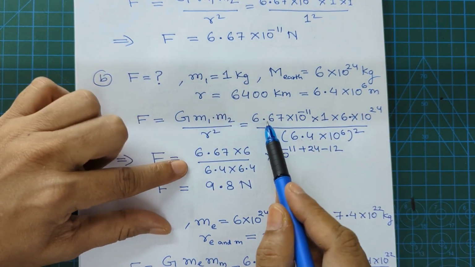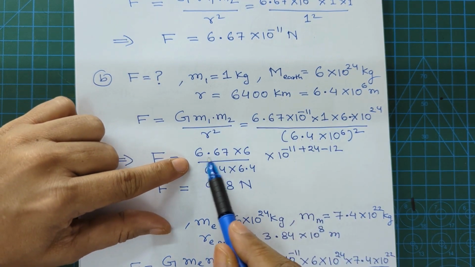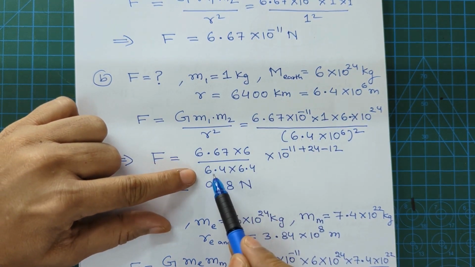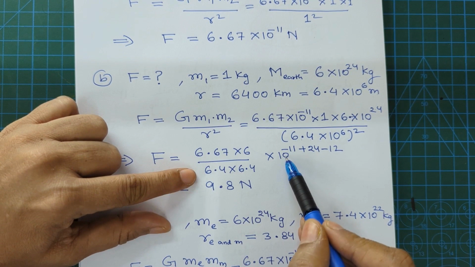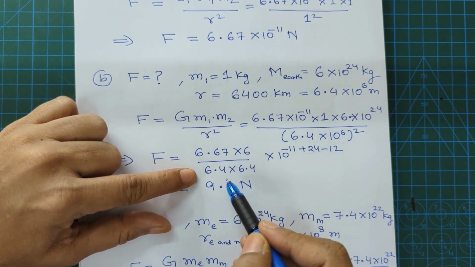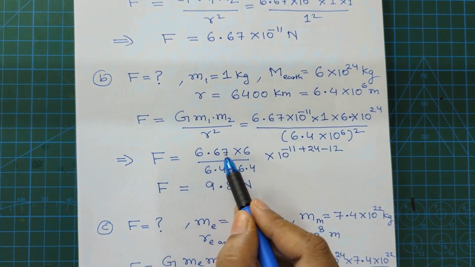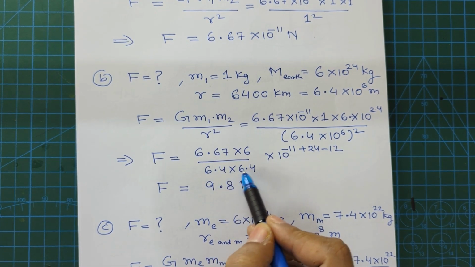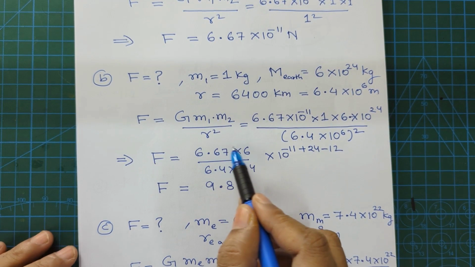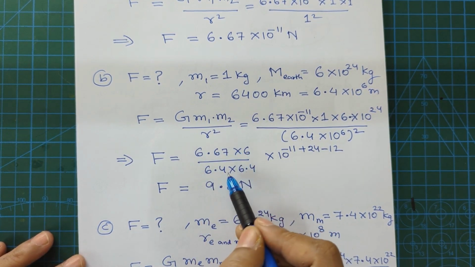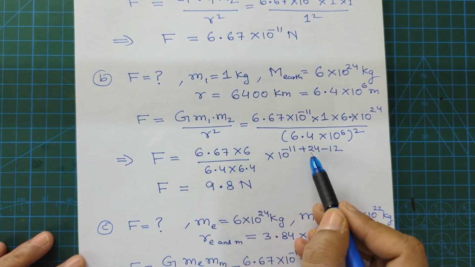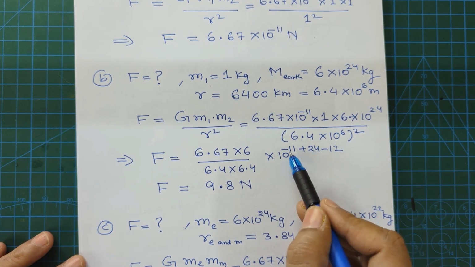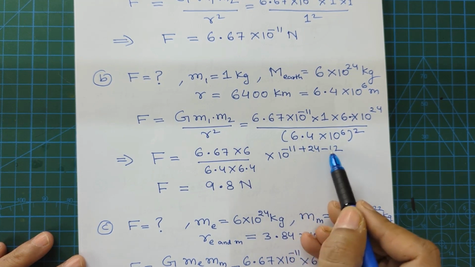So I assemble all the numbers: 6.67 into 6 by 6.4 into 6.4, and the powers of 10 together. Here the decimal is after 2 digits, and here also after 1 and 2, so you can forget the decimal. This set of numbers, calculated along with the powers of 10, gives 24 minus 23, which means a 10.